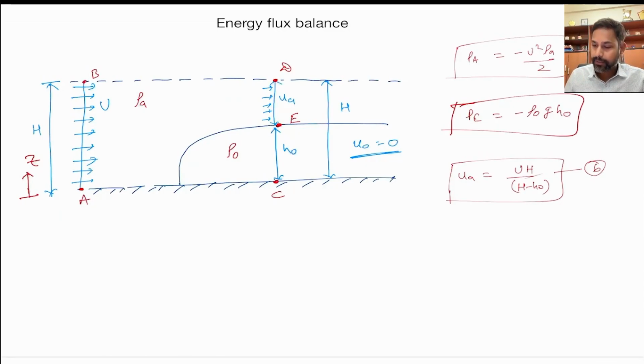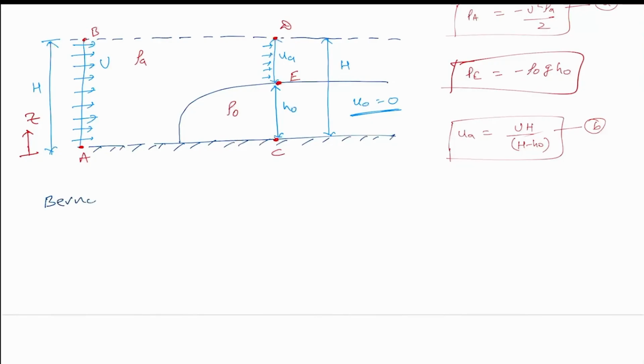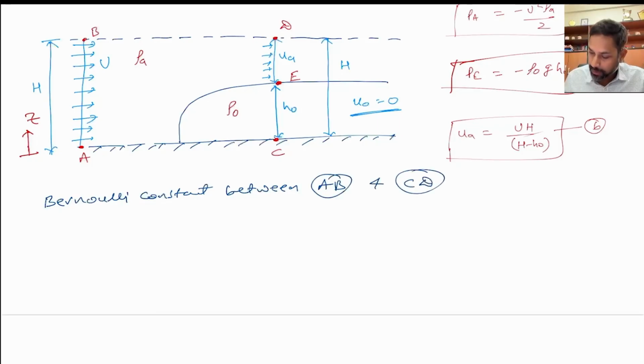So for the energy flux balance, we are going to simply use the Bernoulli equation, and we are going to balance the Bernoulli constant between AB and CD, because we are considering inviscid, steady flow, and in such a situation we can use the Bernoulli equation, and the terms that come within the Bernoulli equation give us the total energy, right?